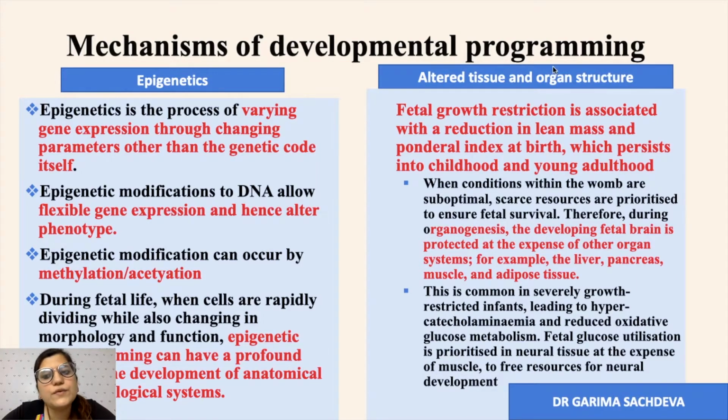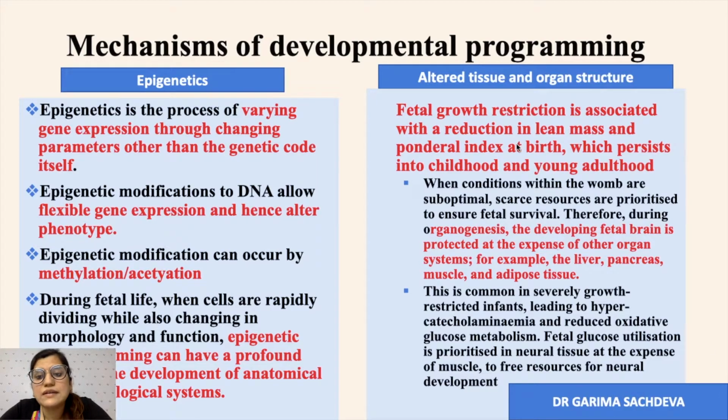Then altered tissue and organ structures. So what happens if the fetus is growth restricted? During the process of organogenesis, in order to sustain the vital organs like the brain, other non-vital organs like the liver, pancreas, adipose tissue, and muscles are compromised, and this particularly happens due to increased catecholamines and reduced oxidative glucose metabolism.